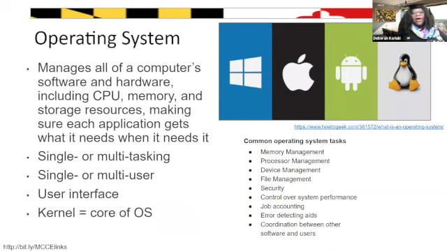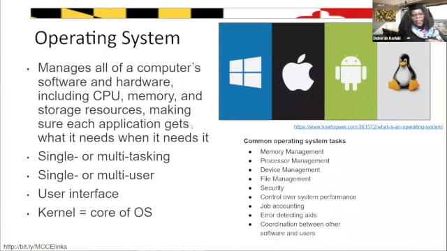Operating systems manage all of the computer software and the hardware, including the CPU, memory, and storage resources, making sure applications get what they need, whether it's a click, a sensor, whatever it needs, so that it can perform what it needs to perform. It can perform single or multitasking or whatever.